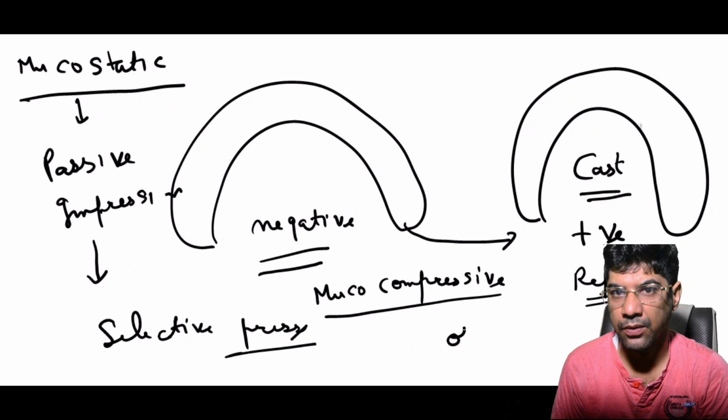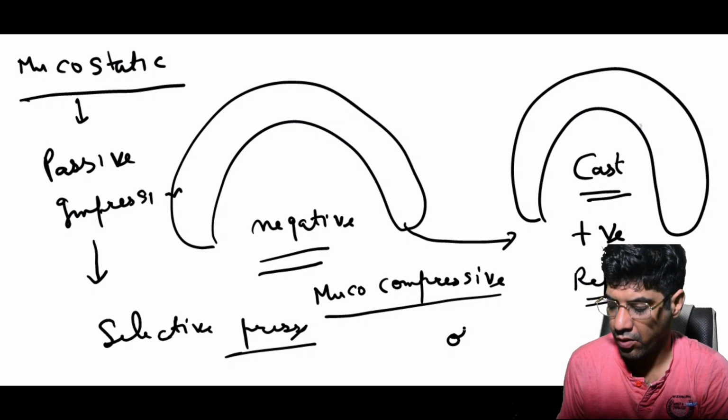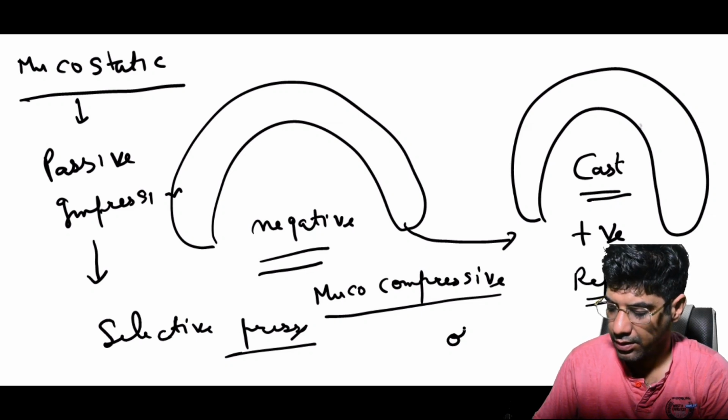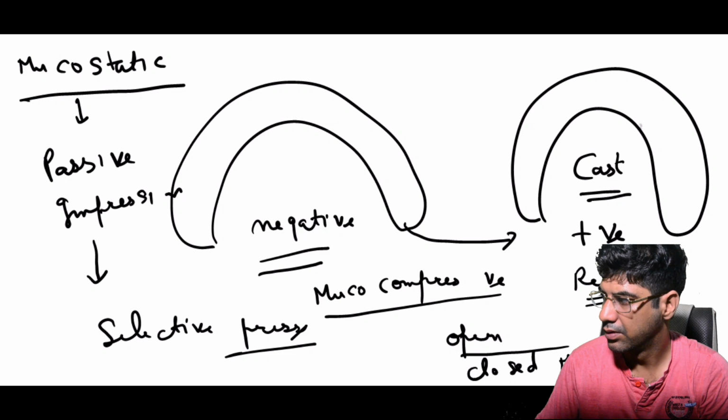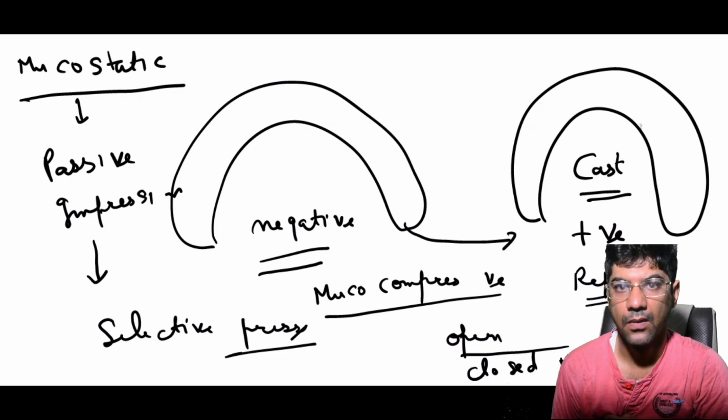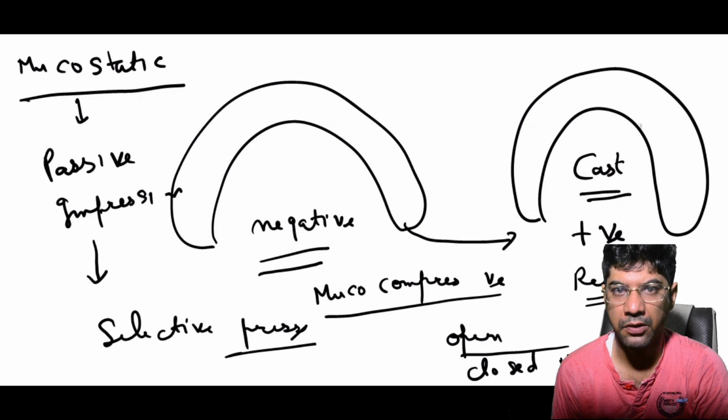Impressions are taken with the mouth open, which can provide better control over pressure distribution, or it can be closed mouth. So here the impressions are made with the mouth closed using occlusal rim for recording.